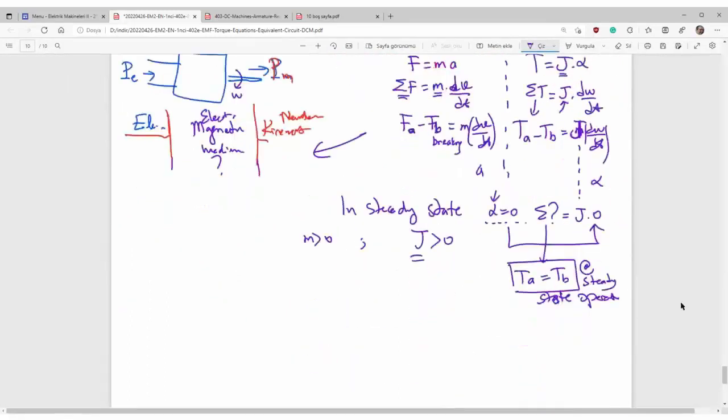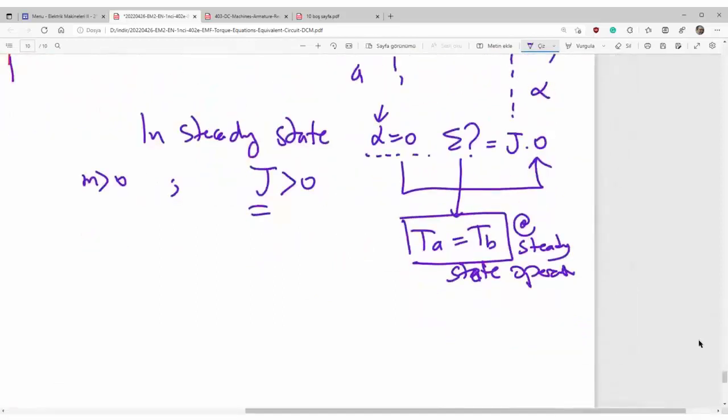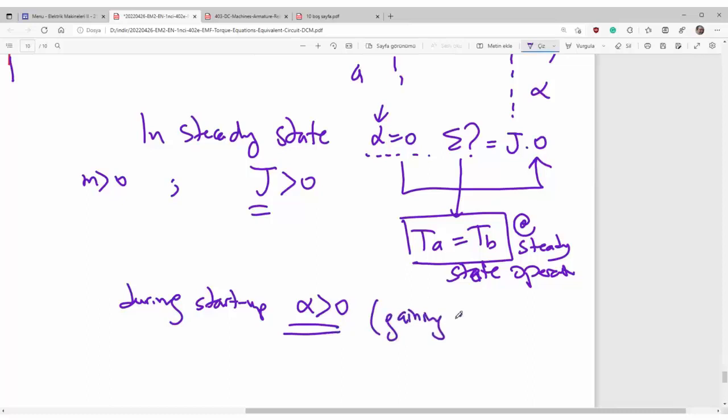Let's discuss the startup process. I apply the electric power and you hear such a sound, a changing voice during the startup process. During startup, angular acceleration is positive, meaning gaining speed, an increase in speed.